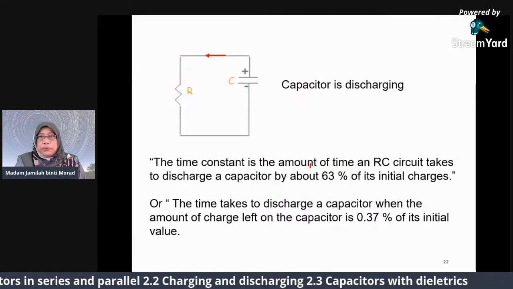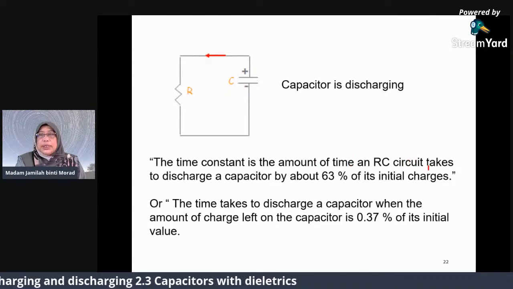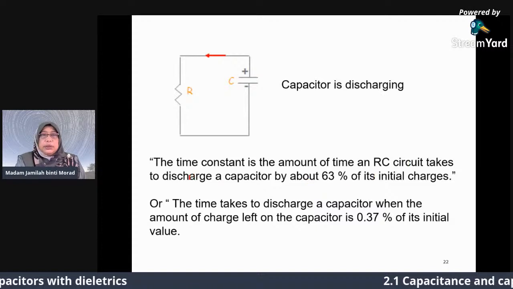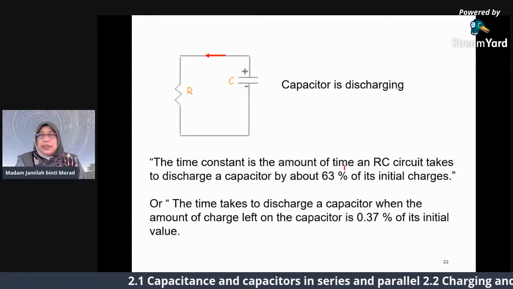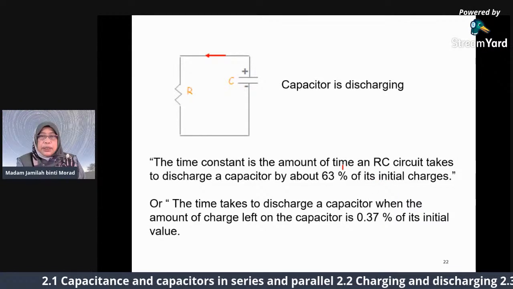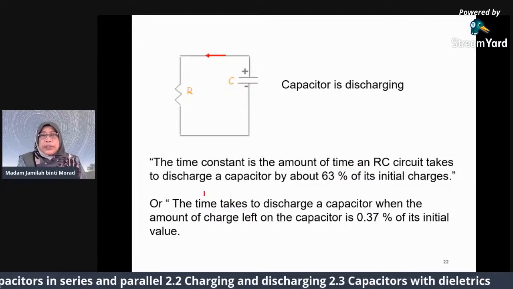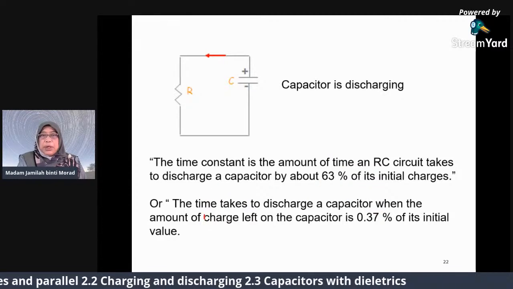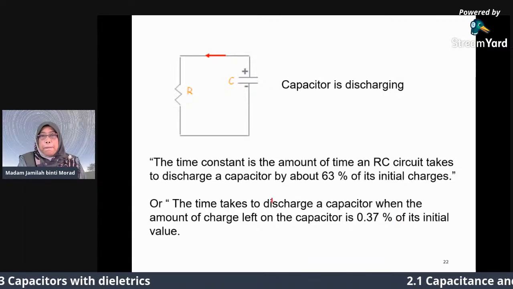The time constant for discharging is the time the circuit takes to discharge the capacitor by about 63% of its initial charge, meaning that this portion has gone to the resistor. The charge left on the capacitor is about 37% of its initial value.